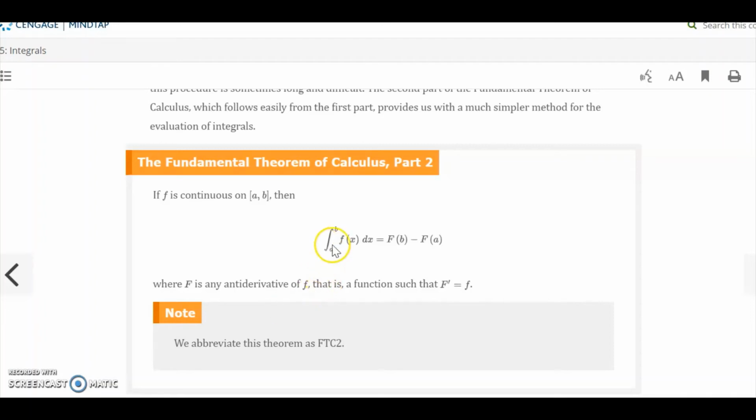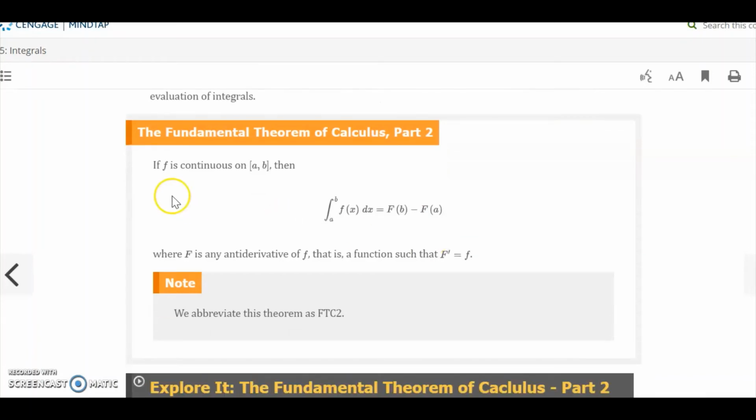So we're going to be taking the antiderivative, but we're plugging in the constant b, so we take the upper bound minus the lower bound, and that's how we get our antiderivative.